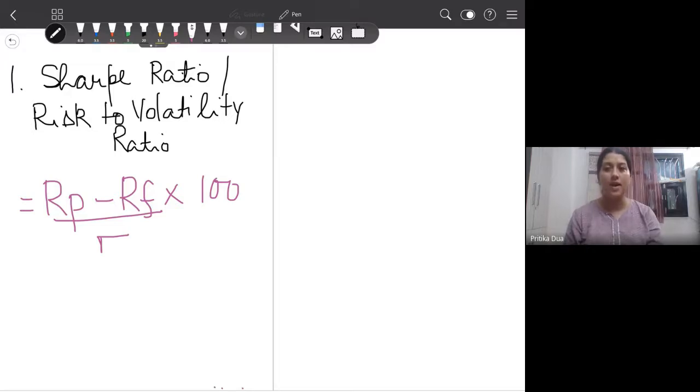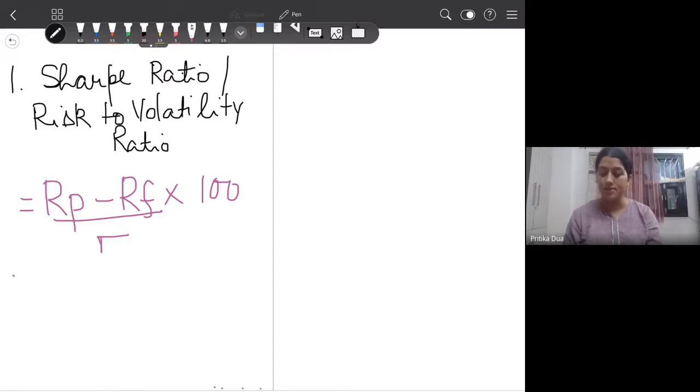Minus RF is the risk-free return. So the return that you get on Treasury bills or on government securities, that is termed as risk-free return, divided by the total risk. Total risk, that is the sum total of systematic and unsystematic risk. It is measured by standard deviation into 100.